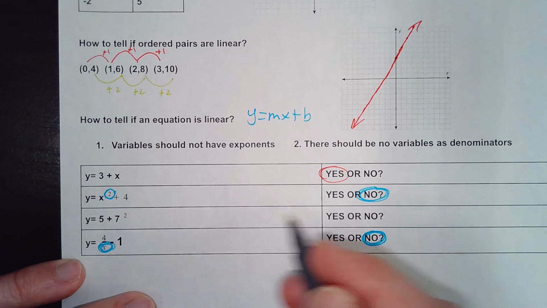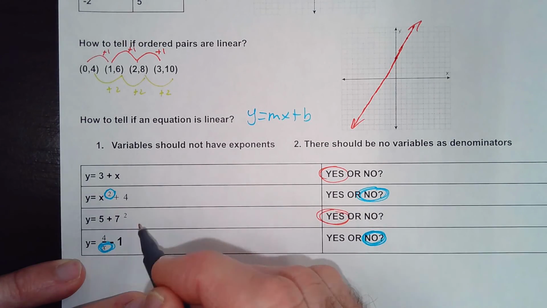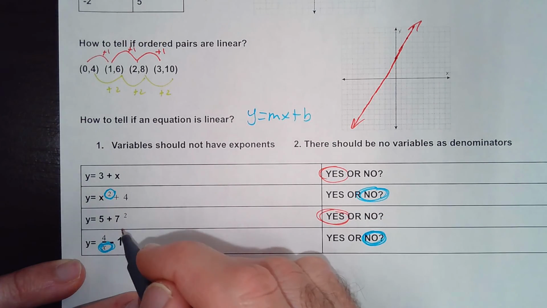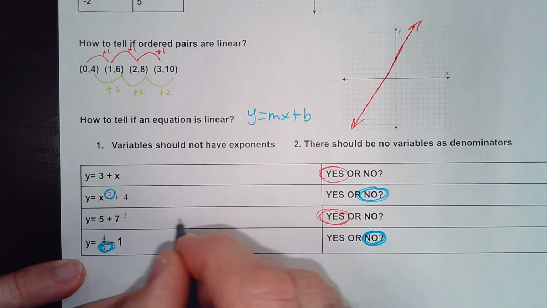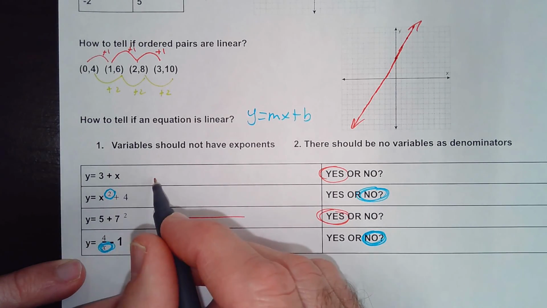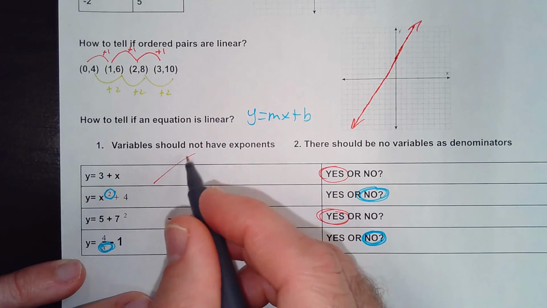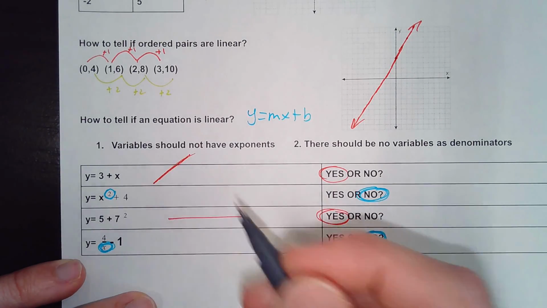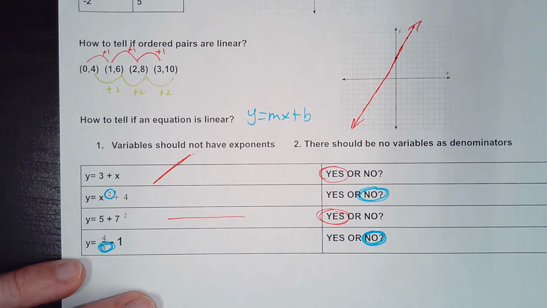So yes, these are both going to be straight lines. This one would just be a straight horizontal line somewhere on the graph. This one would be a diagonal line that's increasing like that, but they would both be straight.